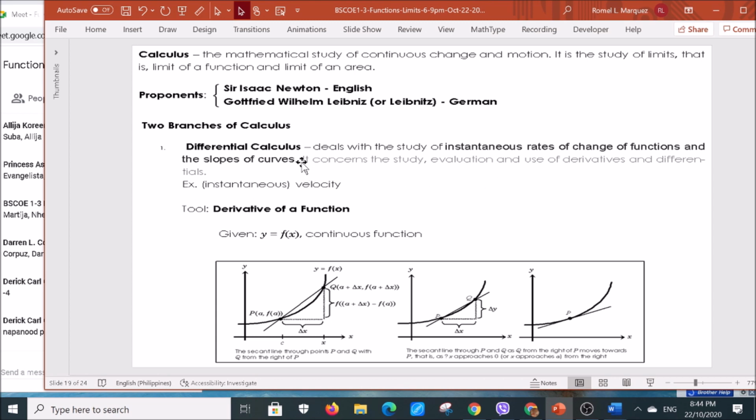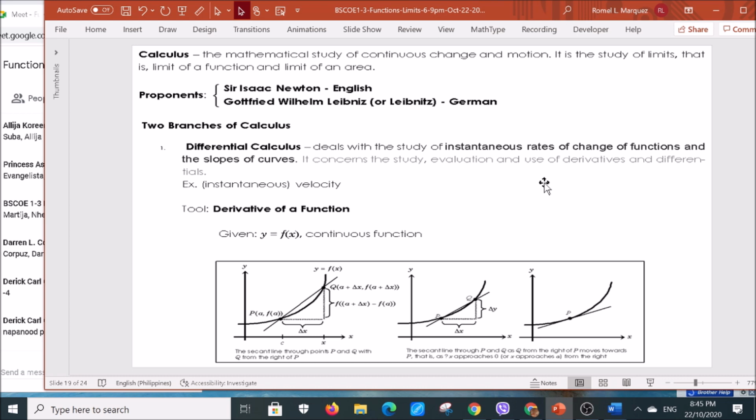That is what differential calculus is all about. When you talk of rates of change, you talk of how fast a certain quantity is changing, which is also related to slopes of curves. Remember, slope is how fast the y value is changing relative to the x value.